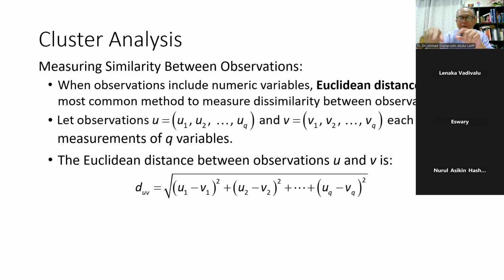We draw them, measure the distance, and determine how far a distance we want to pick to group them into a cluster. The Euclidean distance calculation is similar to the Pythagoras theorem. Remember the Pythagoras theorem, we did that. This is the formula for Euclidean distance. If it is just two numbers, it will be similar to the Pythagoras theorem.